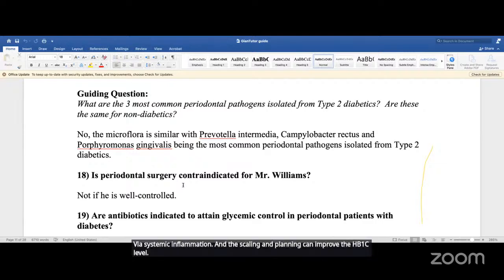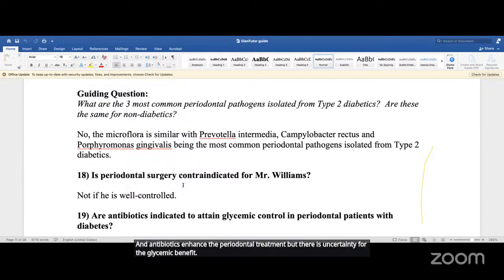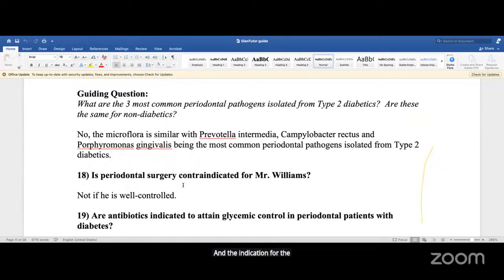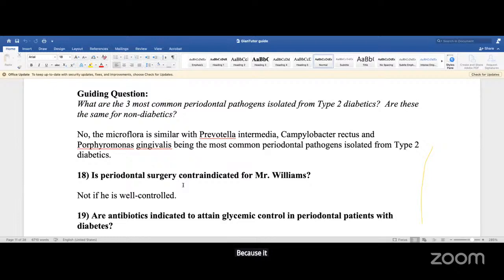And antibiotics enhance the periodontal treatment, but there is uncertainty about the glycemic benefit. The indication for antibiotics is if severe periodontitis or refractory periodontitis is present, or a high-risk, immunocompromised diabetic patient. The common antibiotics can be amoxicillin plus metronidazole, because it shows a strong antibacterial effect.